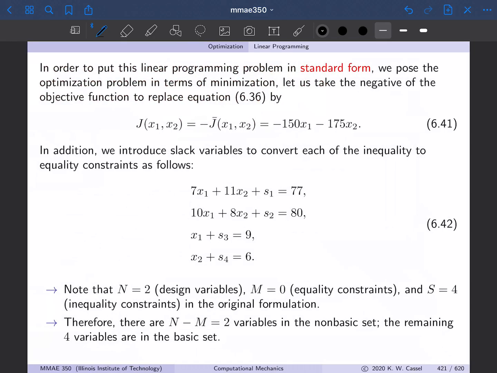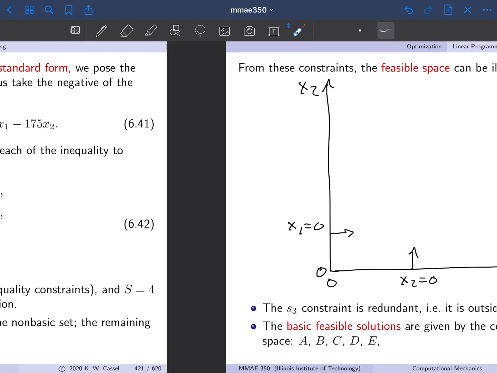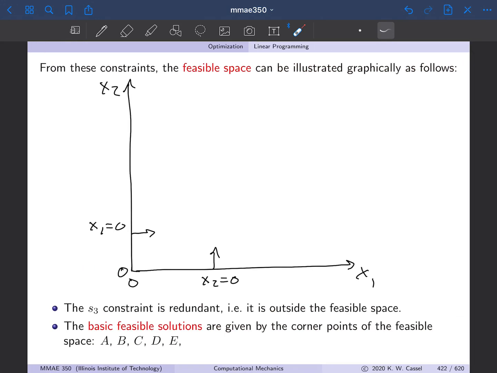All right, let's go back. So that takes care of the positivity constraints. Let's look at these two first. So x1 plus s3 is less than 9. Let's take a look at that. So let's put some tick marks on here.